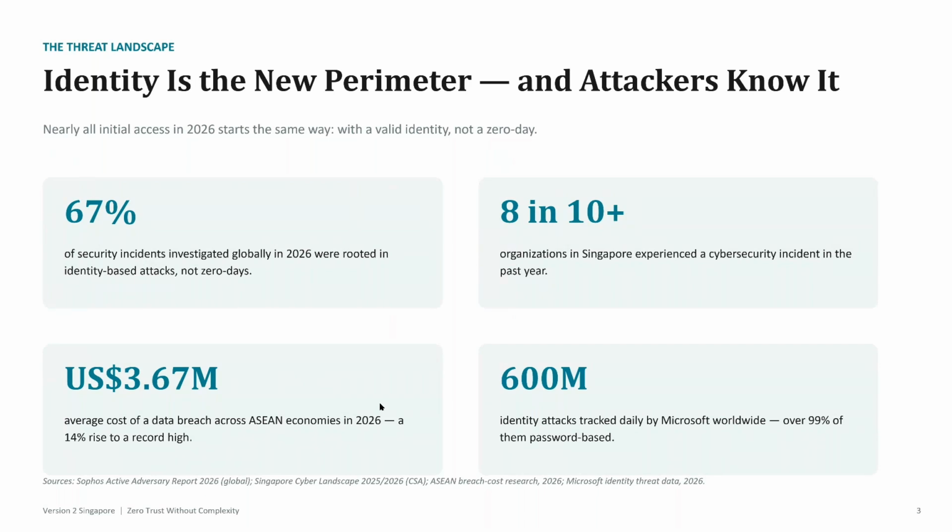Over 99% of them are password spray attacks. So yeah, there are so many attacks, and they succeed with identity attacks and create lots of loss to us. So we should take a look, not just at phishing and patches, but also at our identity protection or monitoring, whether that is enough or not.